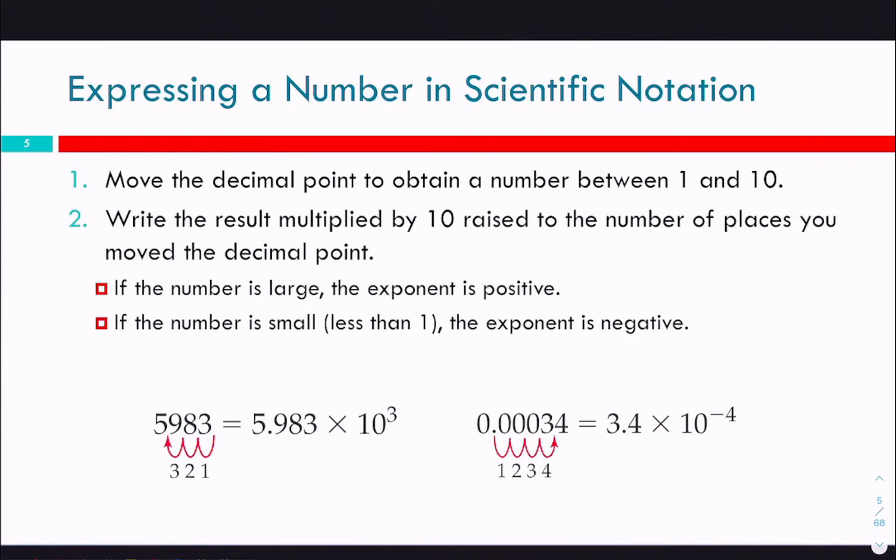So you might ask the question though, when do I use scientific notation?